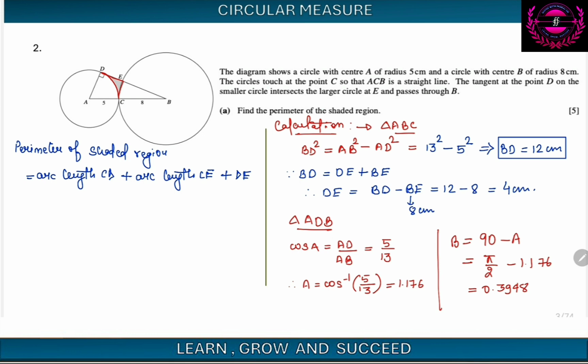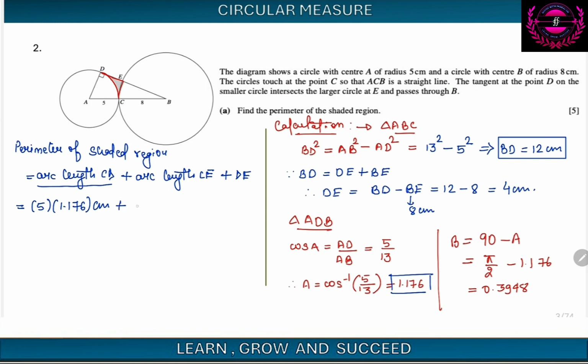So now, directly using values of A and B in the question, I have the total perimeter. Arc length CD is r theta. R is 5 and theta is angle A, which is 1.176, centimeter, plus arc length CE.